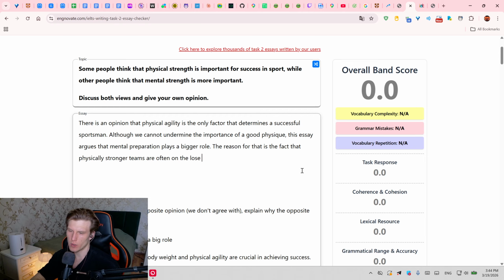Lose, no, lose, losing side. That is the fact that physically stronger teams frequently find themselves on the losing side.